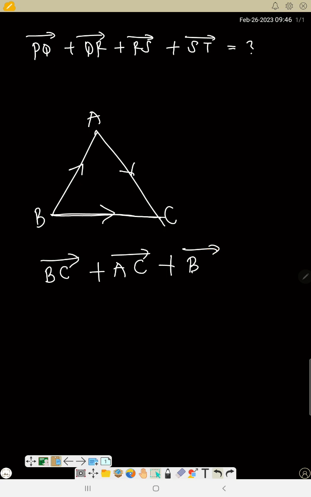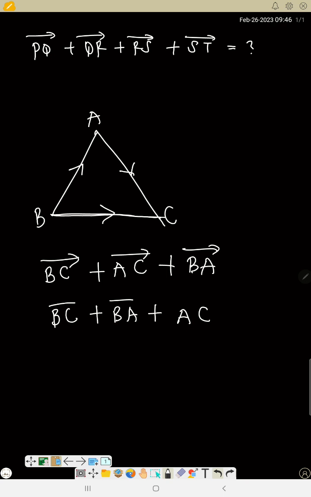Sorry, this is not BC, it is BA. So because this is still the edge, BC plus AC, then plus BA, as in that's it. So now I'll take this one like BC plus BA plus AC. So now how do you think you can resolve all this?